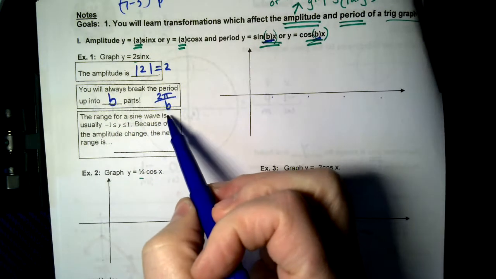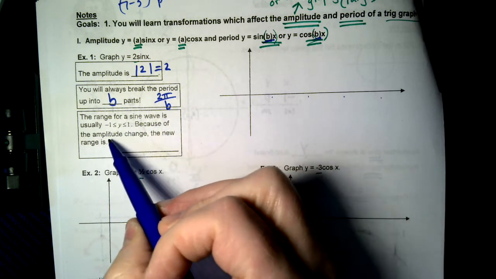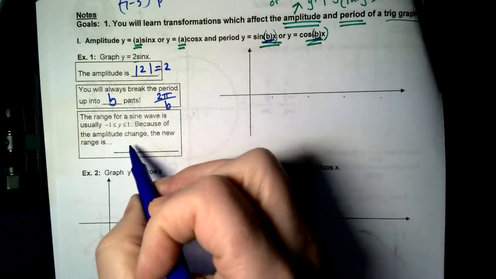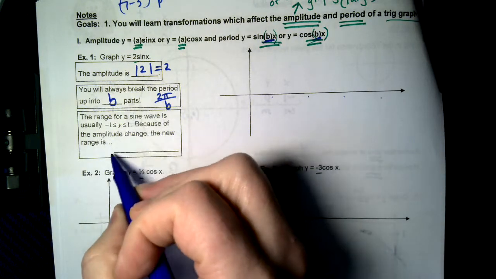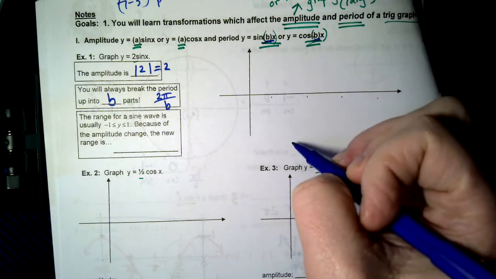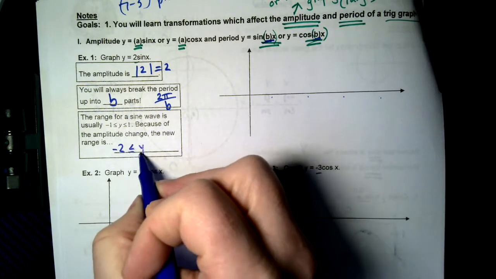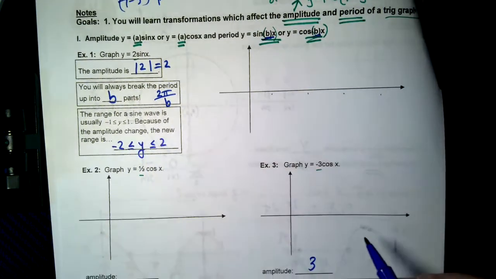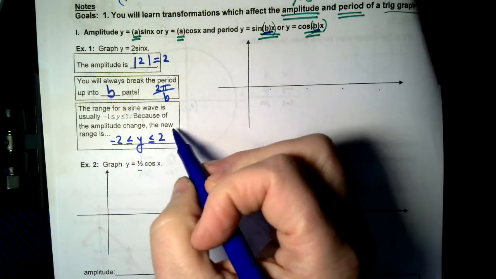The range for the sine wave is usually as low as -1, as high as +1. Because of the amplitude change, the new range will go as high as 2 and as low as -2. It'll go from below the x-axis to above the x-axis. Oh, that's actually not what they wanted here.